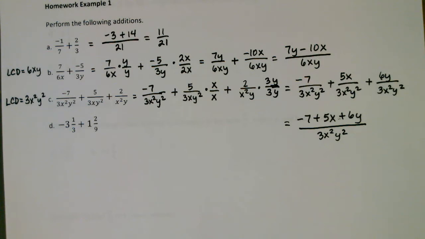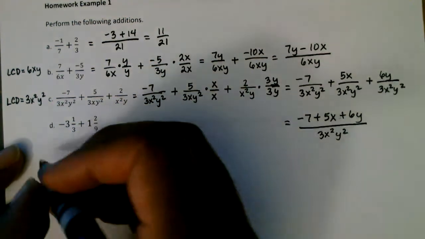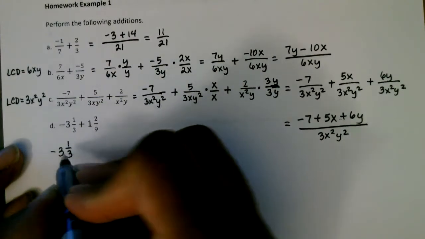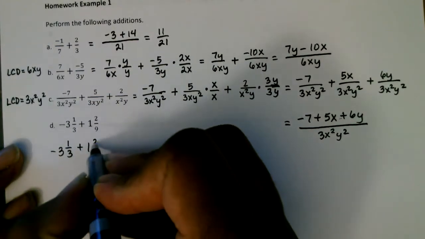And finally, part D, we got -3 1/3 plus 1 2/9. Now we're going to talk about these types of numbers shortly.